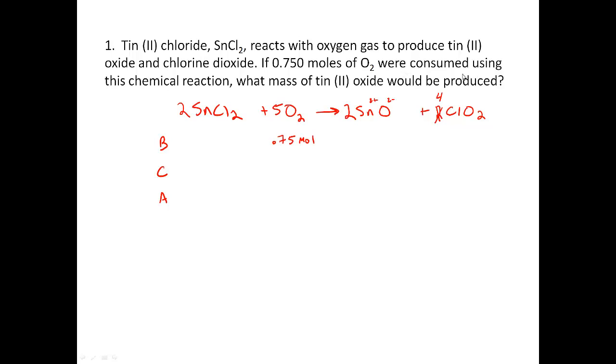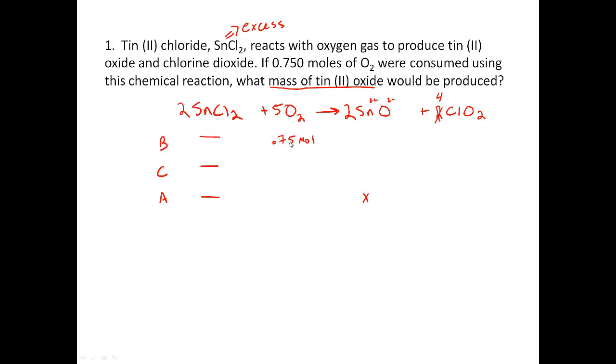And that was consumed using this chemical equation. What is the mass of tin 2 oxide? So we're trying to figure out how much of this is after it. I'm going to assume this is going to be excess. Okay, we've got more than we need, so let's not even worry about that.